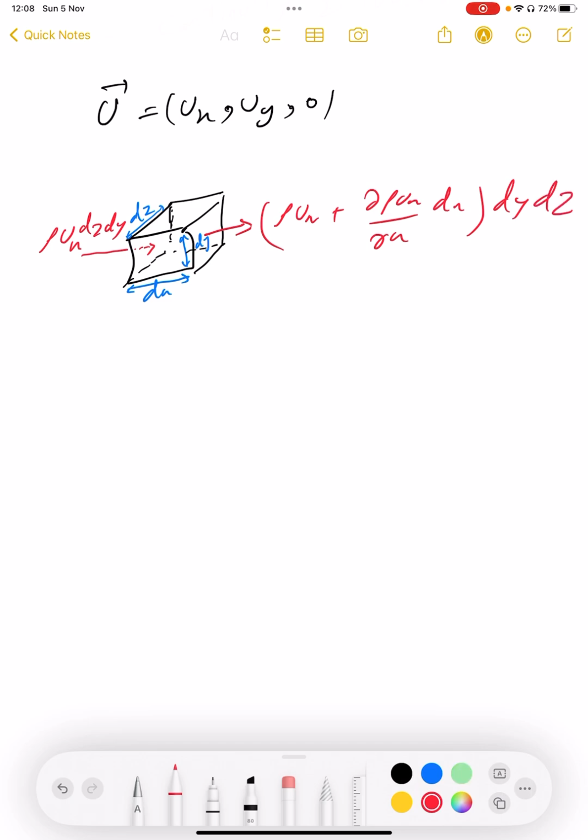So this is using Taylor series expansion.